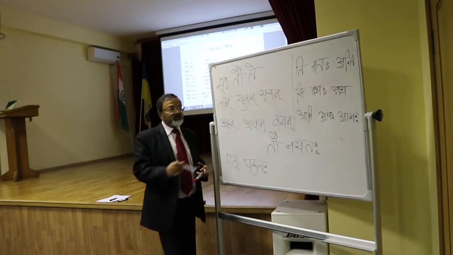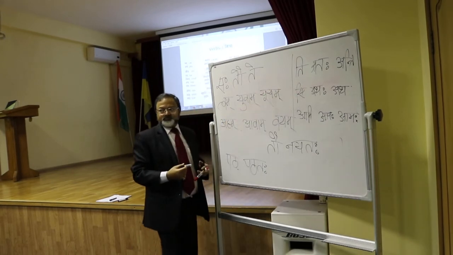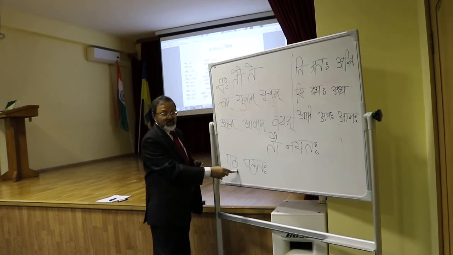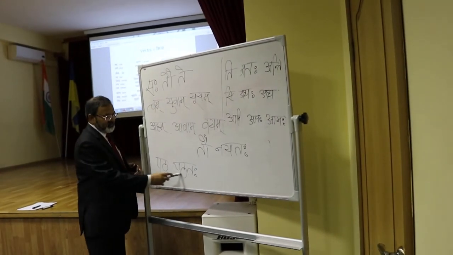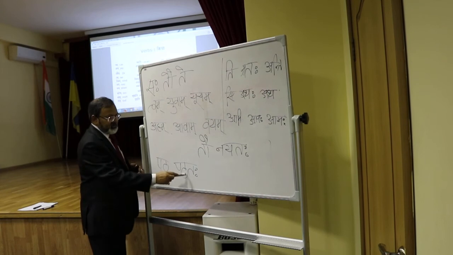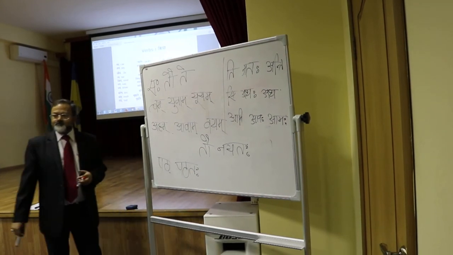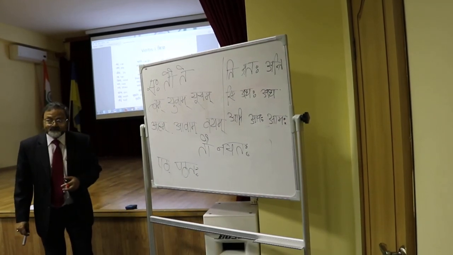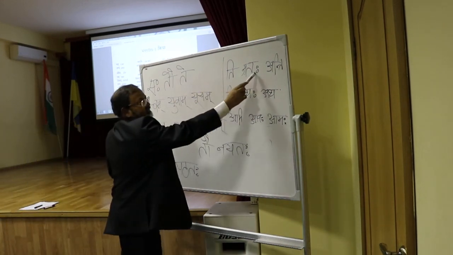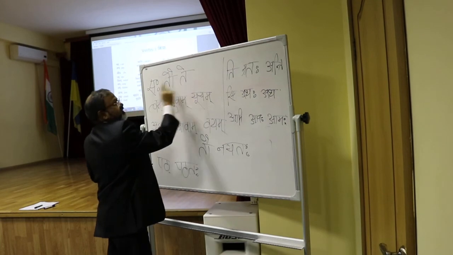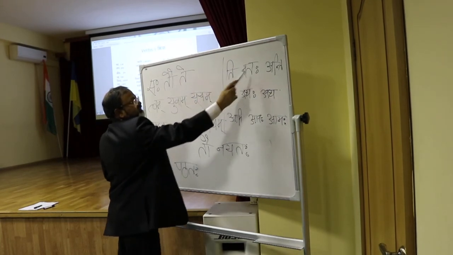But actually that a is understood. I gave the example, pat also has a halant there. But when you say pathataha, it's actually taking an a inside. Sah pathati, tau pathataha.